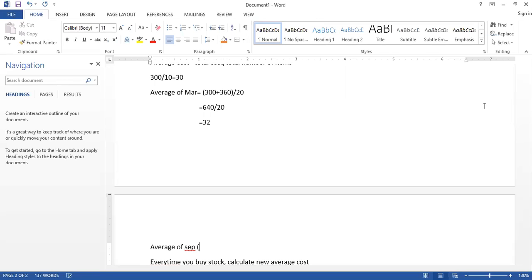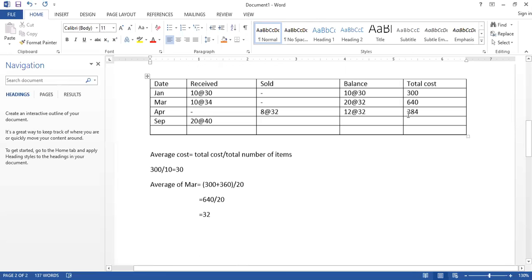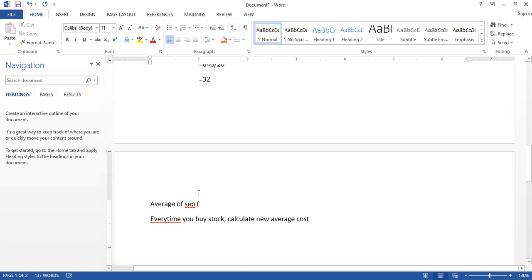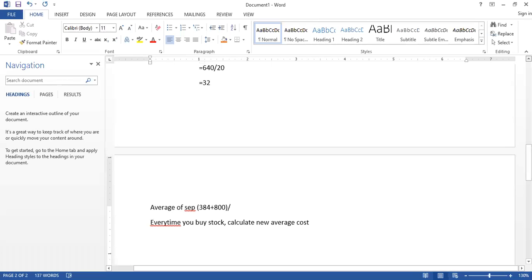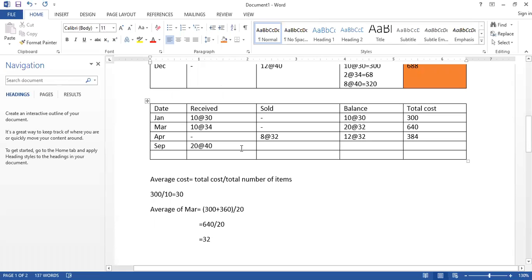So we have our 384 that came from the previous month. The 12 times 32 is 384. So we have 384 plus 800, and then you divide it by the total number of items. So we bought 20 items, and then we had 12 items in stock as well.